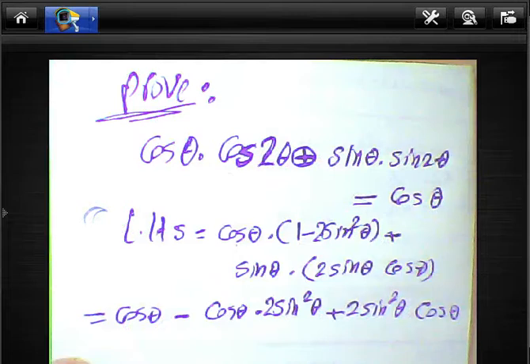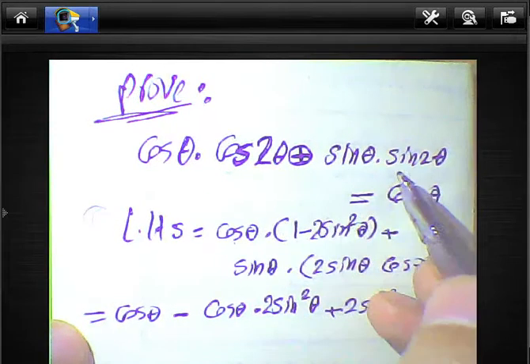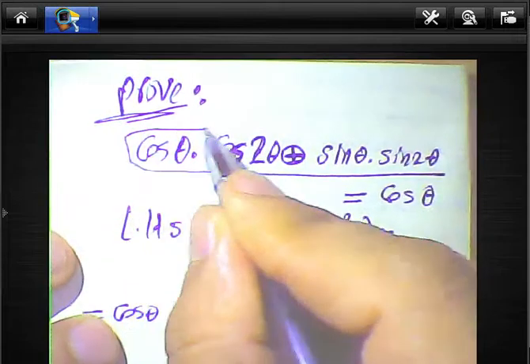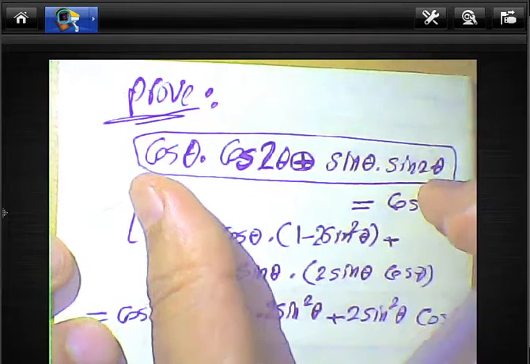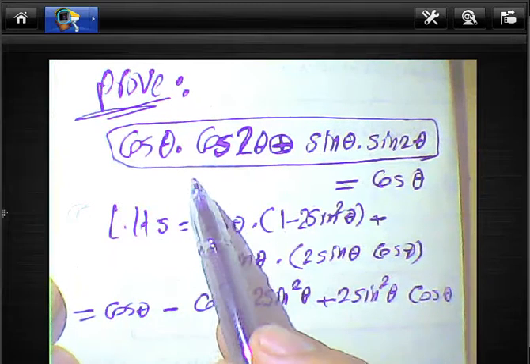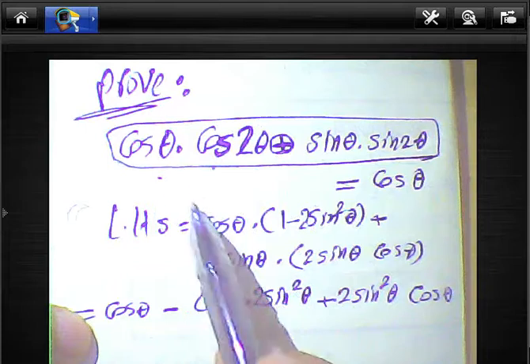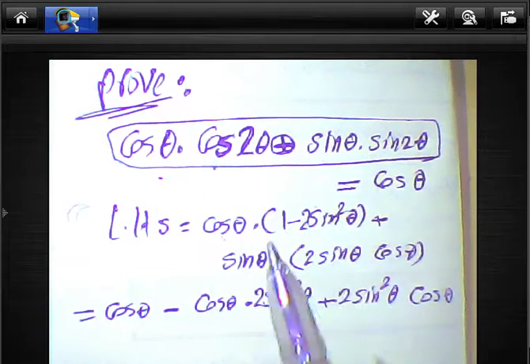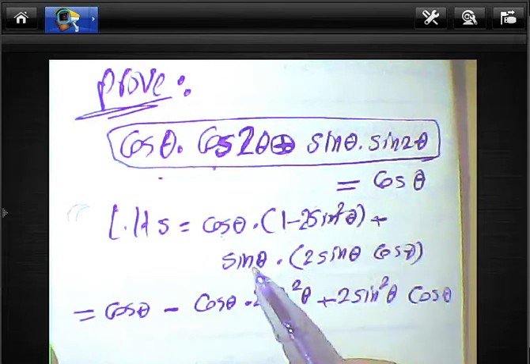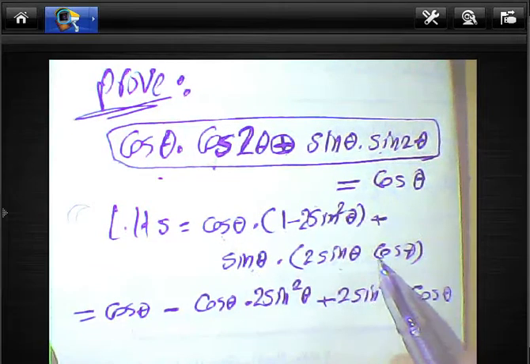Look at this example. Prove that cosine theta multiplied by cosine 2 theta plus sine theta multiplied by sine 2 theta equals cosine theta. First, we solve from the left hand side. We know cosine theta multiplied by cosine 2 theta, we can write cosine theta outside, and cosine 2 theta equals 1 subtract 2 sine power 2 theta, plus sine theta, and sine 2 theta equals 2 sine theta multiplied by cosine theta.